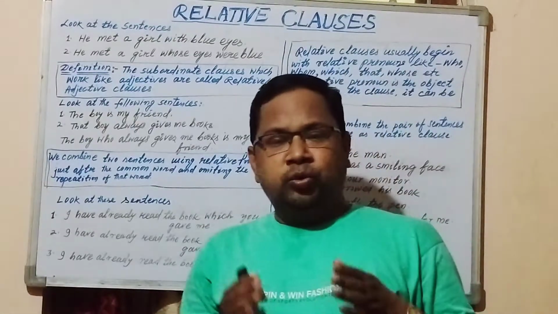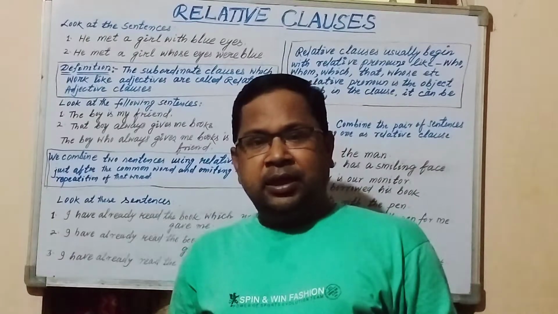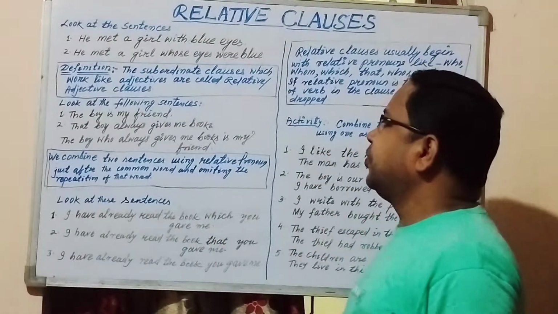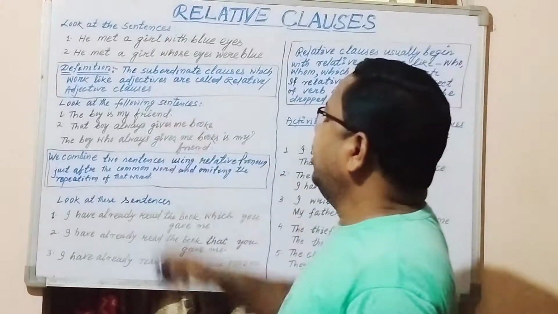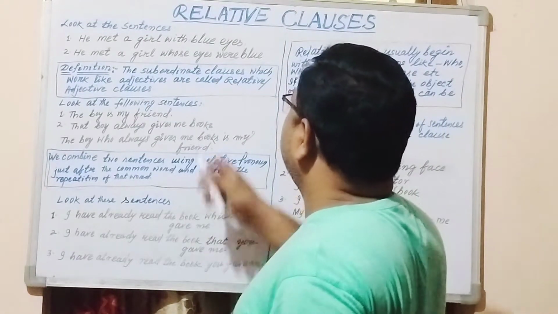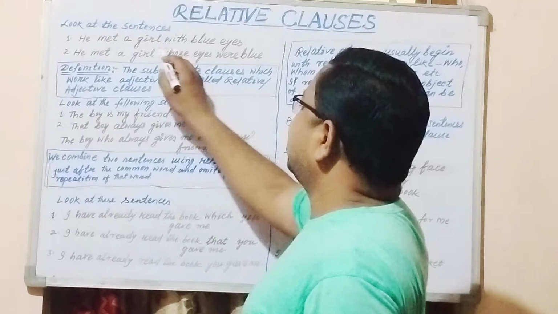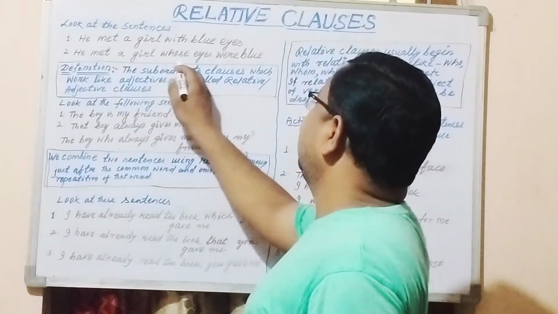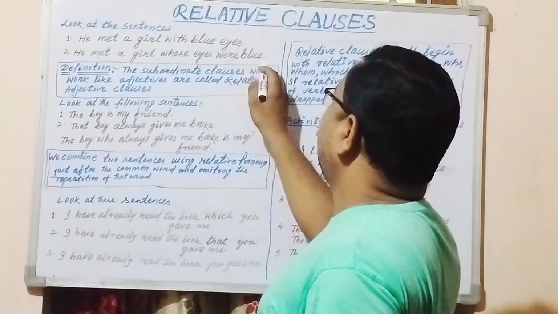Before going to the definition, let's look at these sentences. He made a girl with blue eyes. And another sentence is, he made a girl whose eyes were blue.